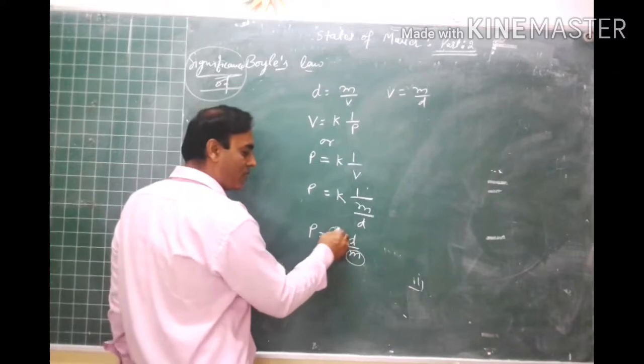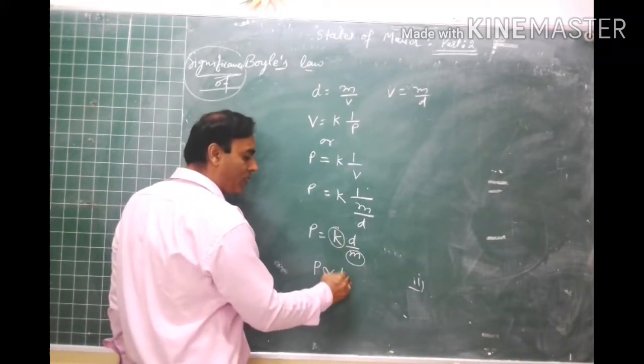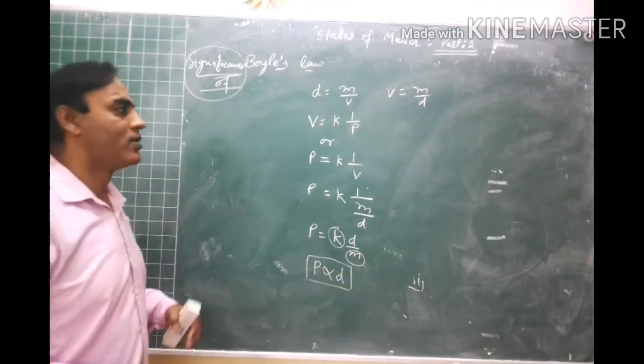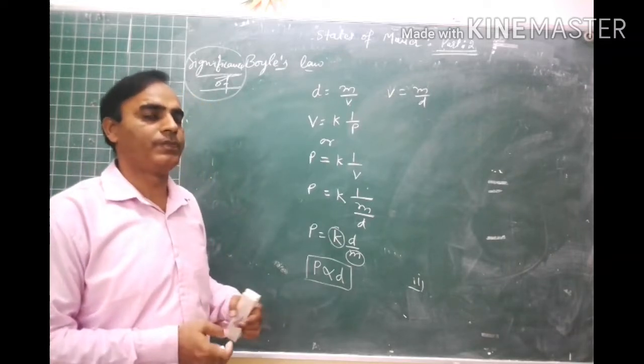And K is also constant. So if we remove these constants, then we can write P is directly proportional to D. That is, pressure of a gas is directly proportional to its density. So if pressure is more, then the density of gas will be more, right?